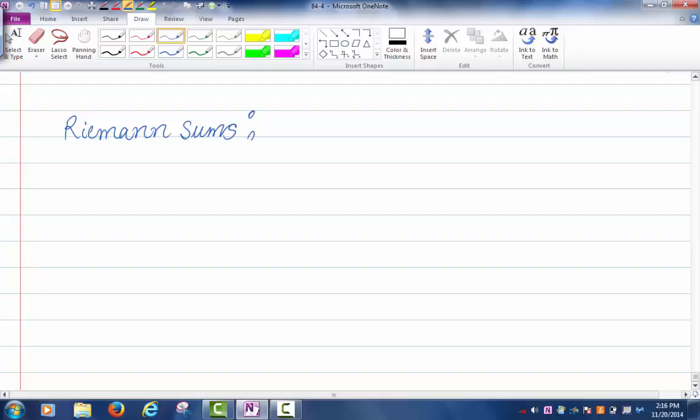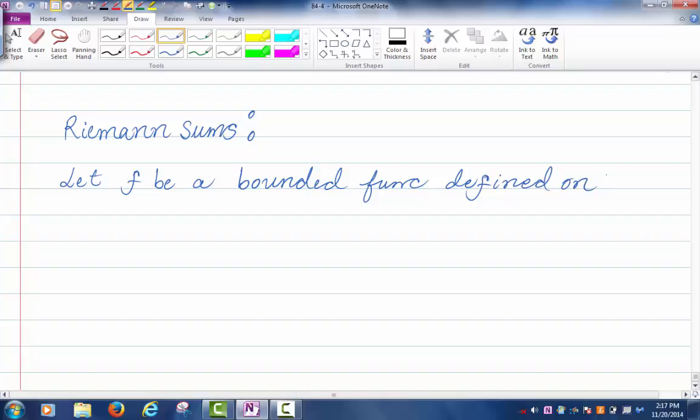So what are Riemann sums? Here I am going to let f be a bounded function defined on the interval from a to b.